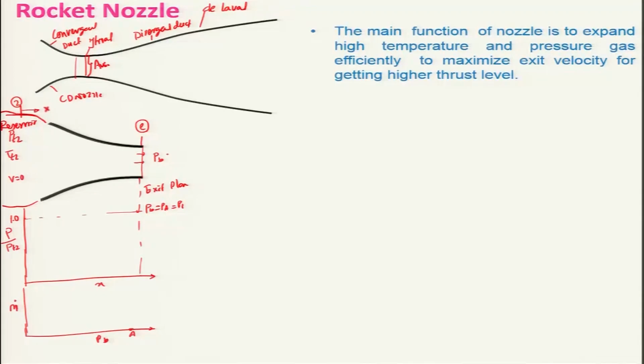When PB is lowered, that means it is lower than the reservoir pressure P2, then a certain amount of flow will take place. Let us say this is the PB condition, which is less than PA or PT2.